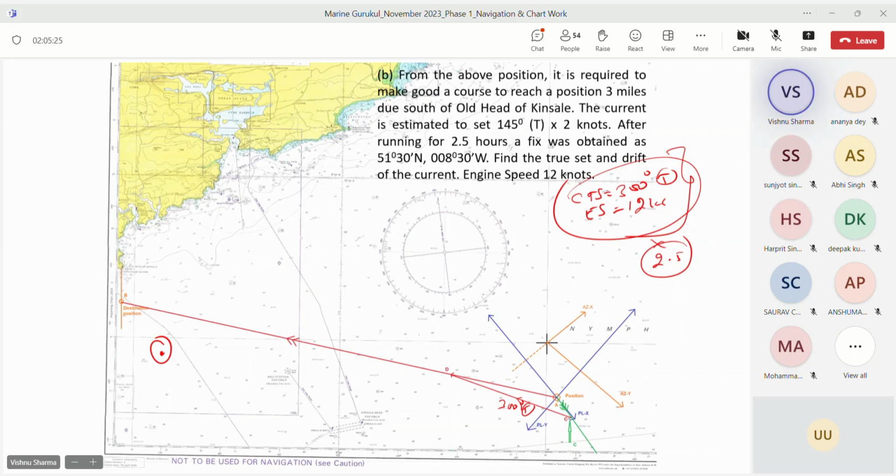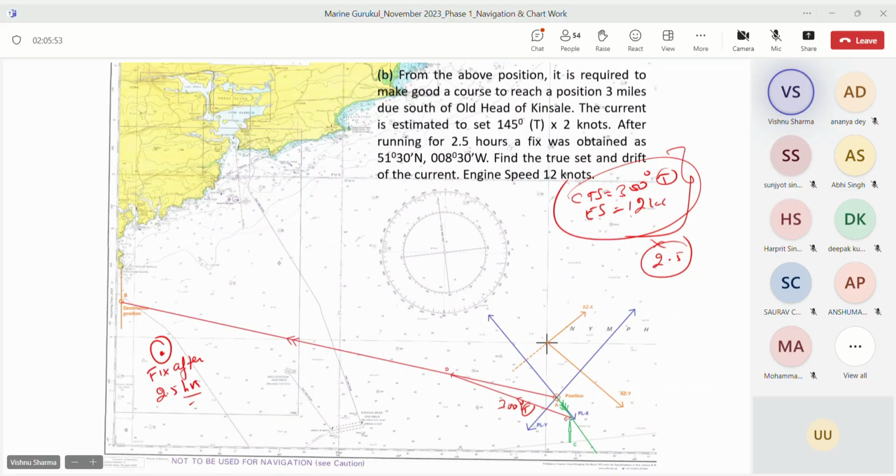Why has the vessel left the intended track? The vessel has left the intended track because the current that you counteracted probably was not correct. Yes or no, beta? Yes, sir. Okay, we need to find out. So this is the fix after 2.5 hours of starting from here.